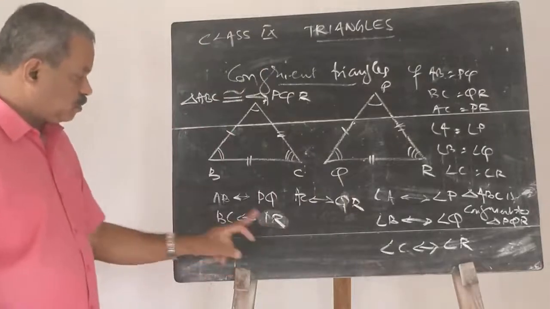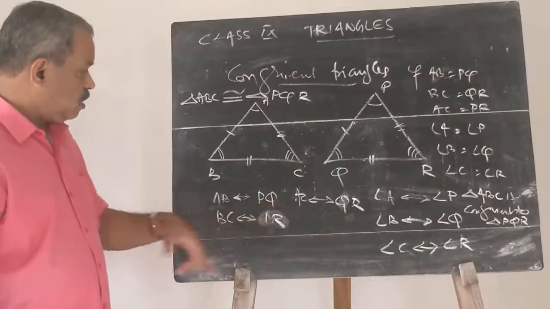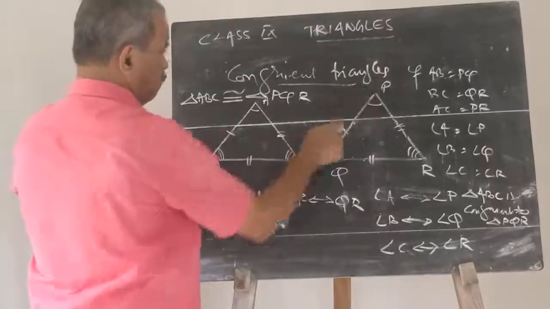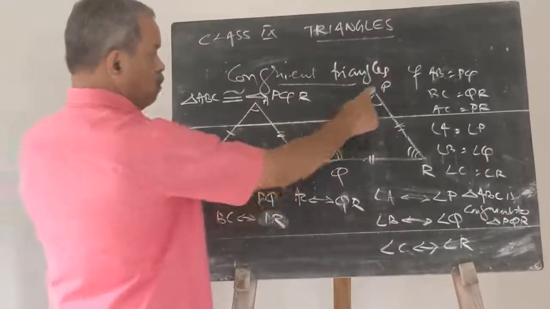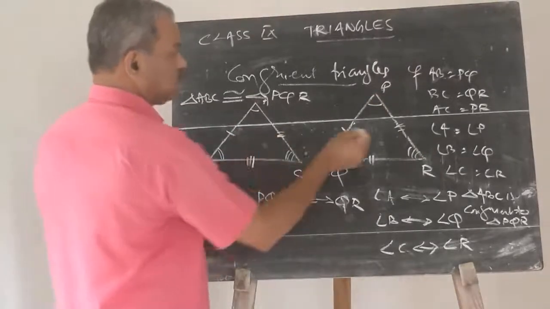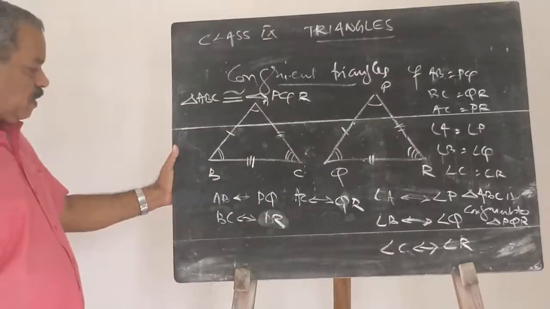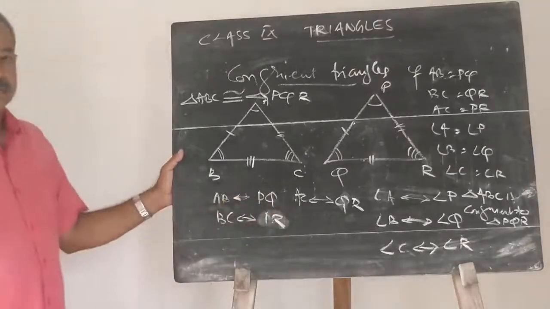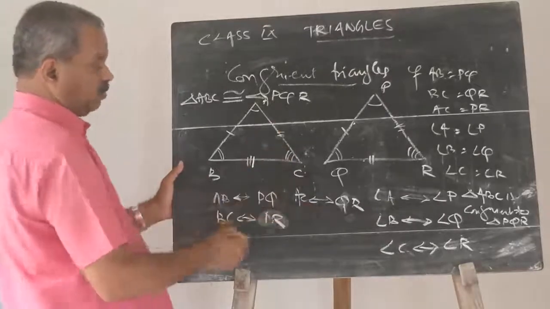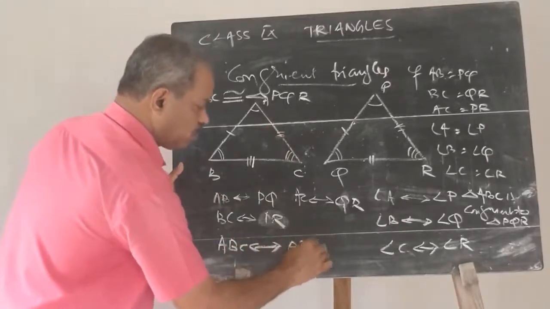These sides are equal. Then which correspondence is a congruence here? Here ABC corresponds to PRQ.